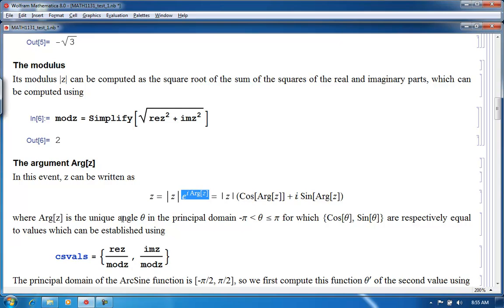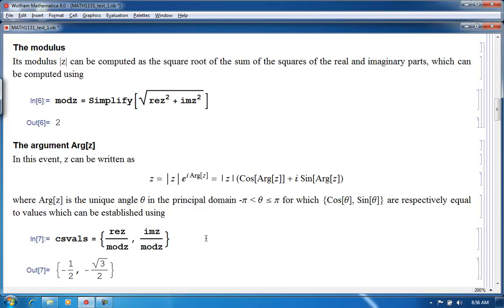And arg z is the unique angle theta in the principal domain, which is defined to be minus pi less than theta less than or equal to plus pi. And in this particular case, cos theta and sin theta will be equal to the real part divided by mod z and the imaginary part divided by mod z. So they're the values of those.